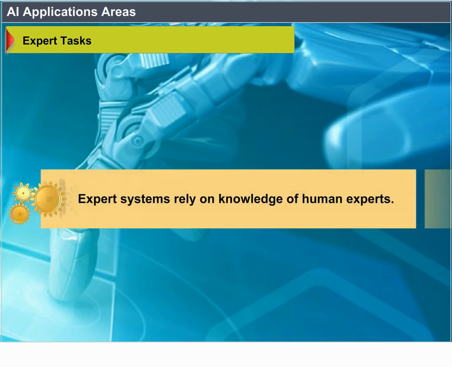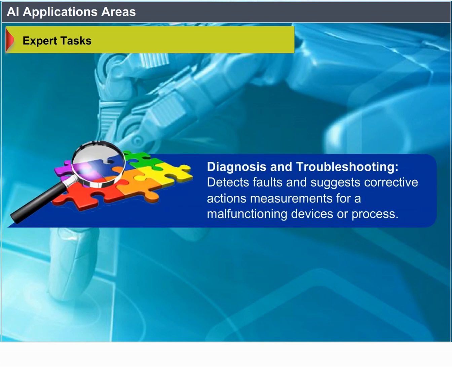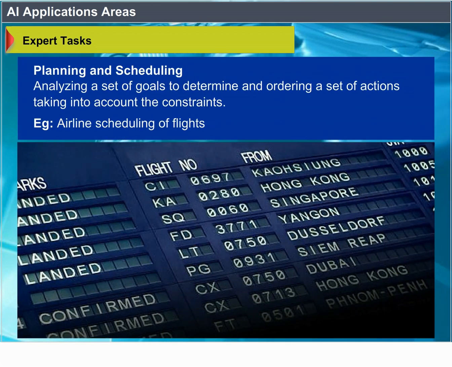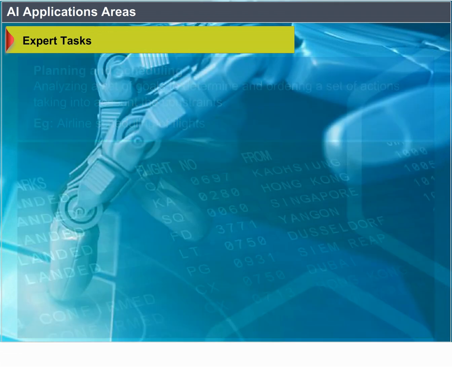Expert systems rely on knowledge of human experts. Examples: diagnosis and troubleshooting, which detects faults and suggests corrective actions for a malfunctioning device or process. Planning and scheduling: analyzing a set of goals to determine and order a set of actions, taking into account the constraints, for example airline scheduling of flights.